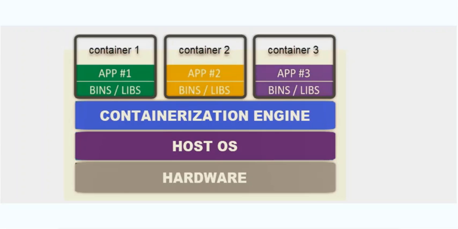So each container is nothing but a small package of dependencies and the application which is going to run in that container. So three containers over here, container 1, container 2, container 3, having three different apps, and each of them contains the dependencies for that app.